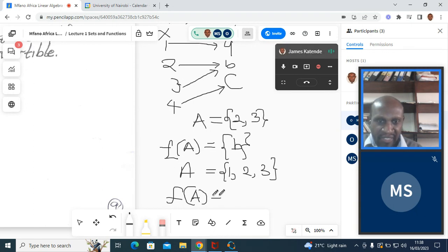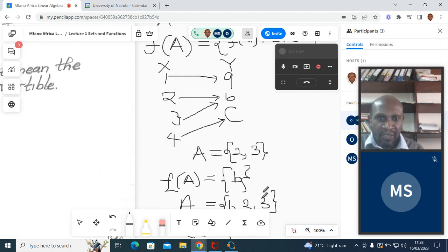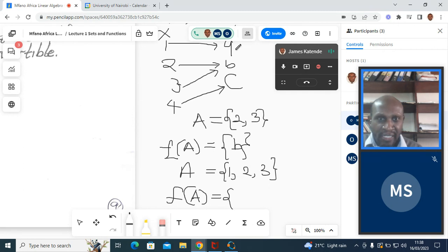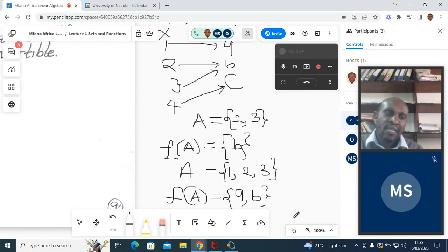The image of the set A will simply be: find out where all the points of A are sent and write them out. So you can see 1 is sent to 9. So 9 is one of the points in the image. 2 and 3 are both sent to B. So the image of the set 1, 2, 3 consists of just 9 and B. Does that make sense?